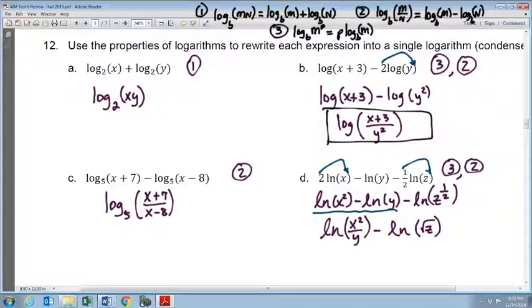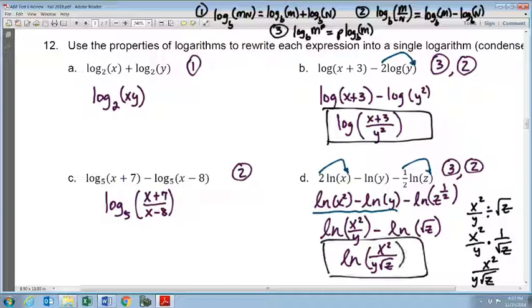So you got to be careful with this. I'm going to do it off to the side. We could write x squared over y all over square root of z, but that just means division by the square root of z. So in a case like this, we multiply by the reciprocal. So when we multiply across, we get x squared over y times the square root of z. And so that's what's going to go inside the parentheses.